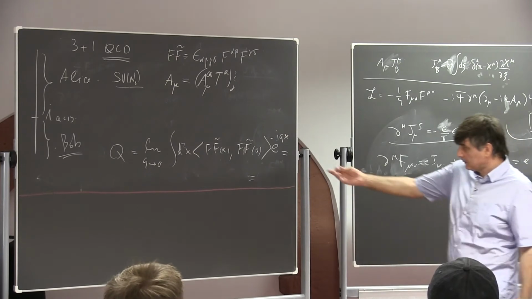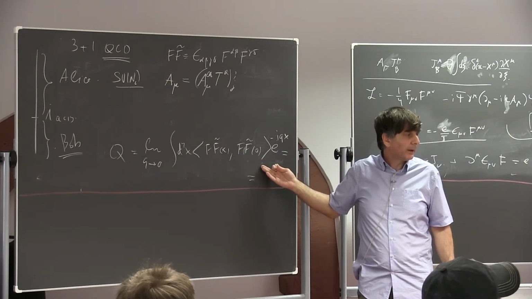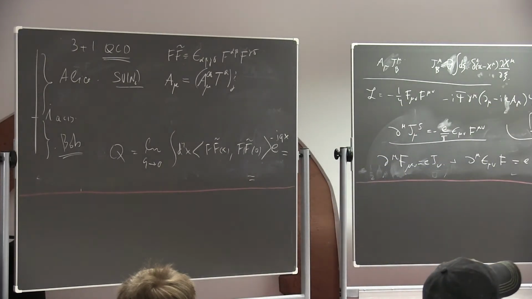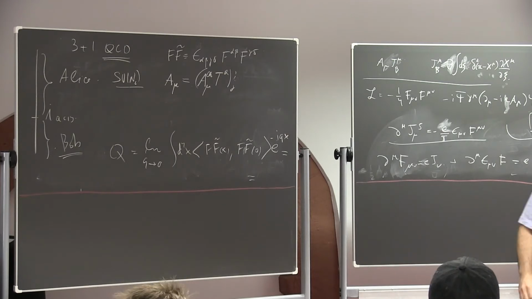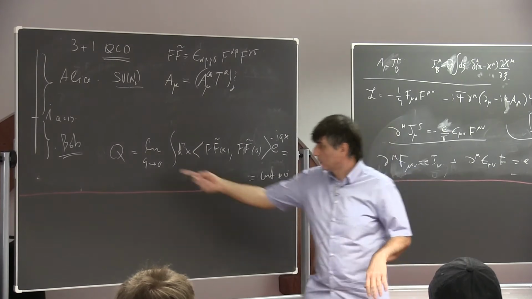No, this is simply a number. It's independent of anything. You mean in QCD without massless quarks. We are working in QCD without massless quarks, without axions, without Stueckelbergs. Pure glue plus heavy quarks. And so this is a constant, non-zero. So we call it Q.